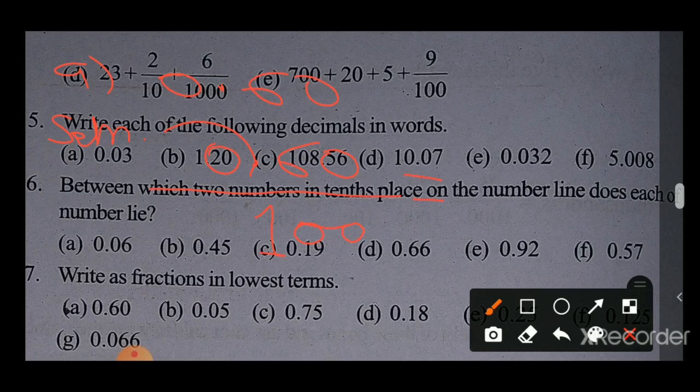Now it is 60 upon 100. 1 0 is cancelled with this 1 0, and then 2 3s are 6, and 2 5s are 10. So this is 3 upon 5, and after this there is no cut short possible with these two numbers, 3 upon 5, or this fraction, that is 3 upon 5.